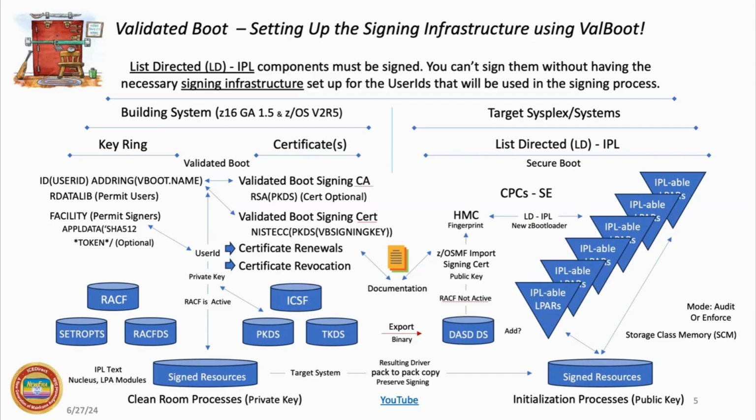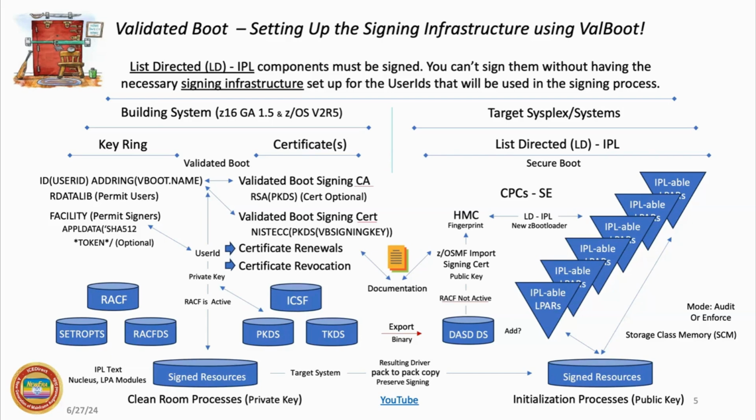And then from there, the components, the fingerprint and the certificate are moved to the individual LPARs, where a new loader called the VBoot loader is used to actually load the components and conduct the list-directed IPL. One caveat in all of this is that there are lots of moving parts for sure, but it requires storage class memory. So you have to sort of keep that in mind if you're attempting to perform this step.